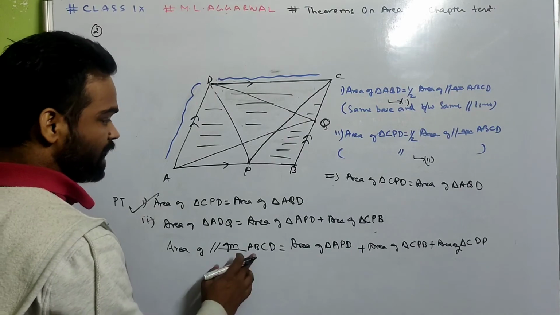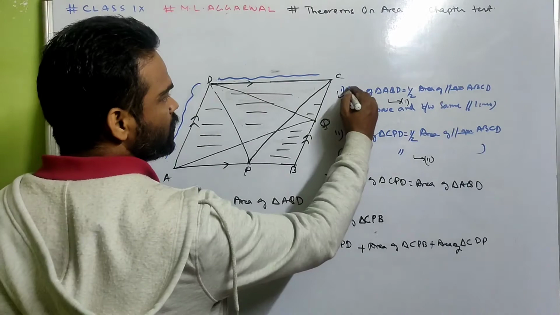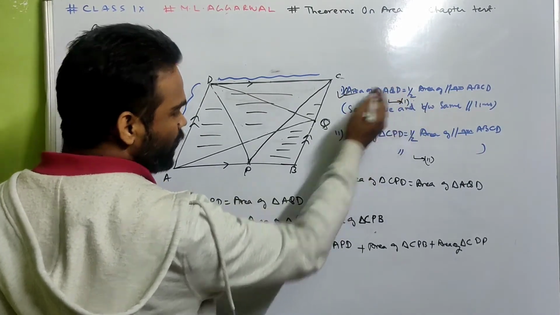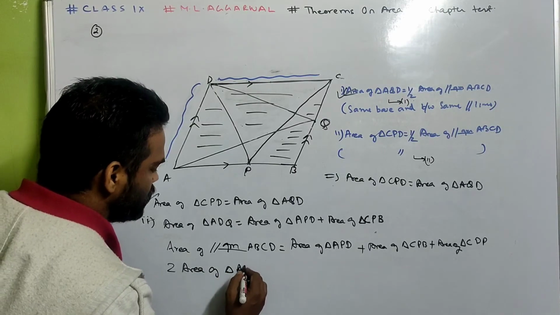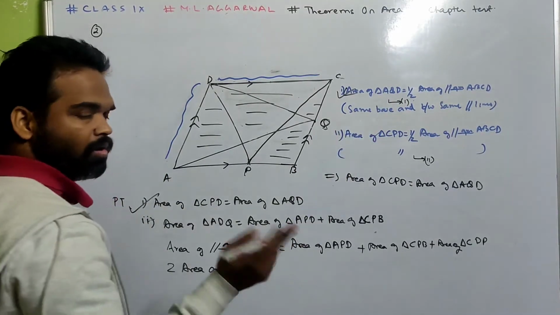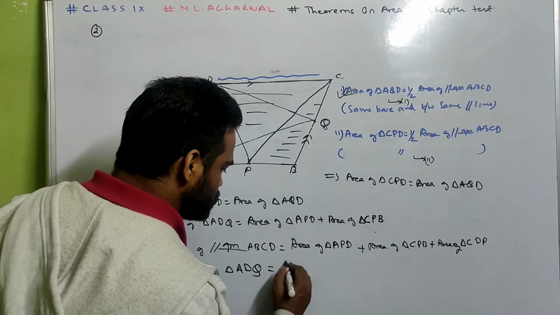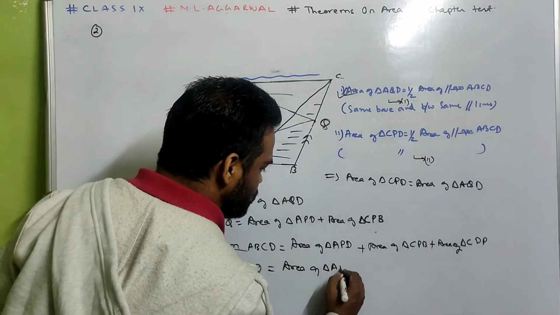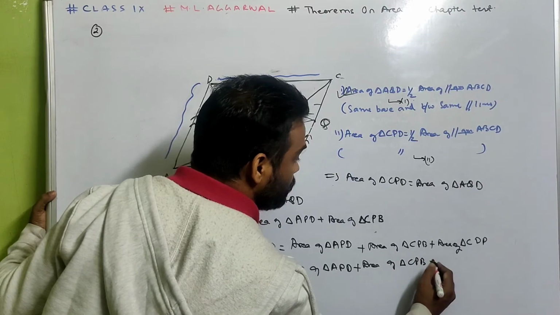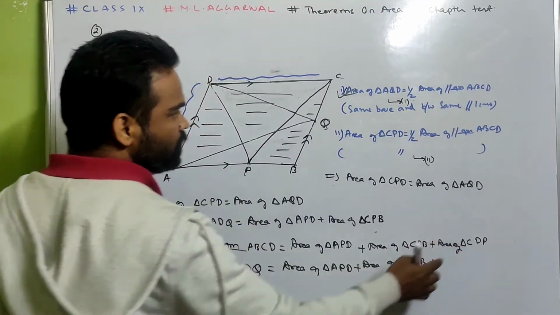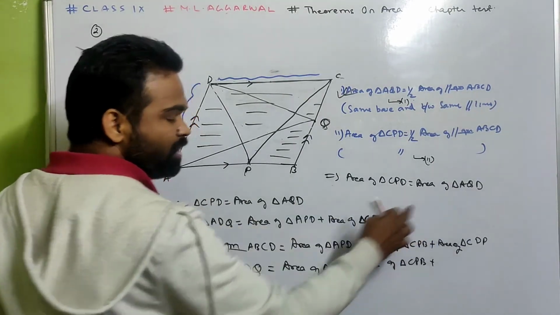Area of parallelogram ABCD. Can I write from here? 2 goes over here. Twice area of triangle ADQ. AQD or ADQ is the same thing. Can I write? Yes. And this is area of triangle APD plus area of triangle CPB plus, actually, instead of CDP, can I write ADQ?